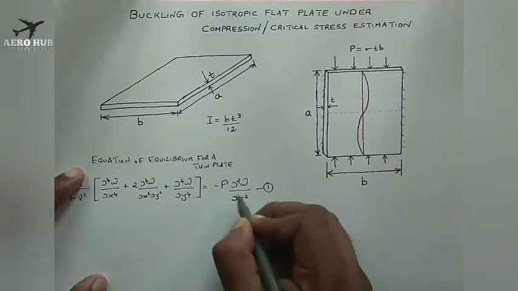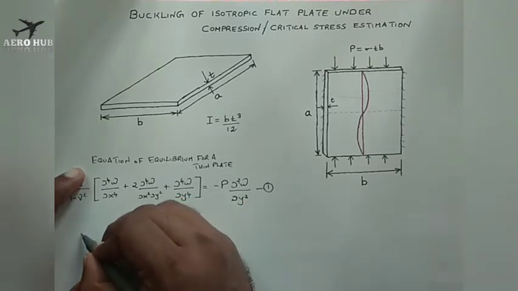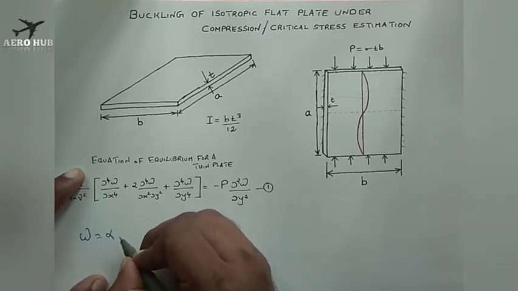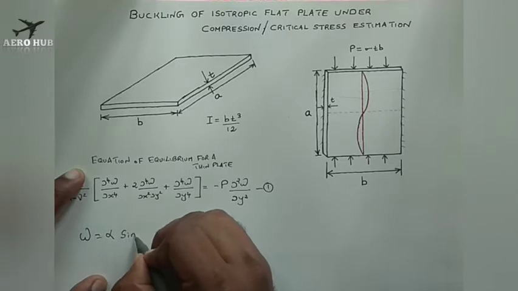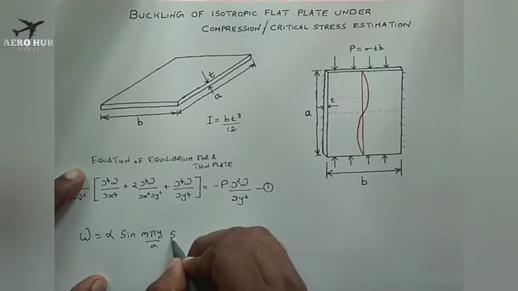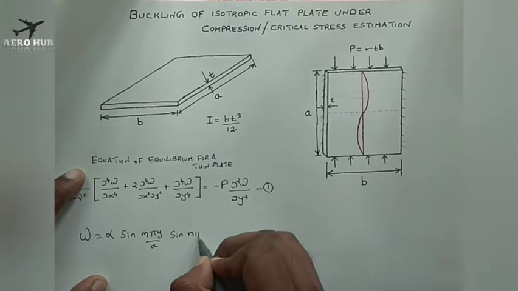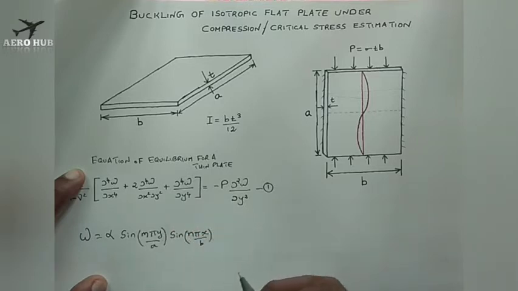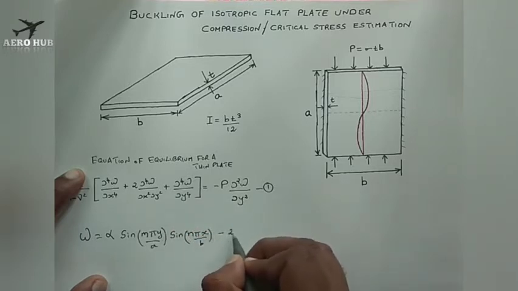So omega is equal to alpha sine of m pi y by A into sine of n pi x by B. This is valid for any plate. I put this as equation number 2.